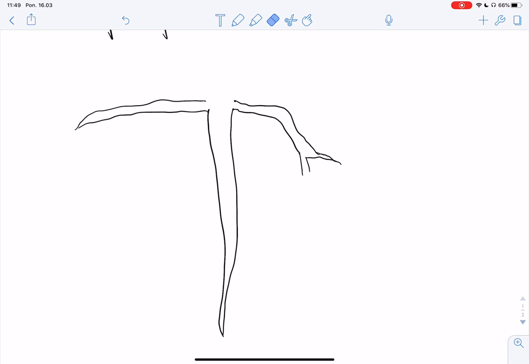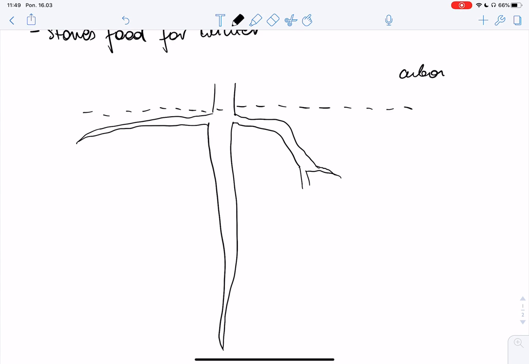Something like this. Oh no, I erased it. Here is the ground. So here is above, here is below.